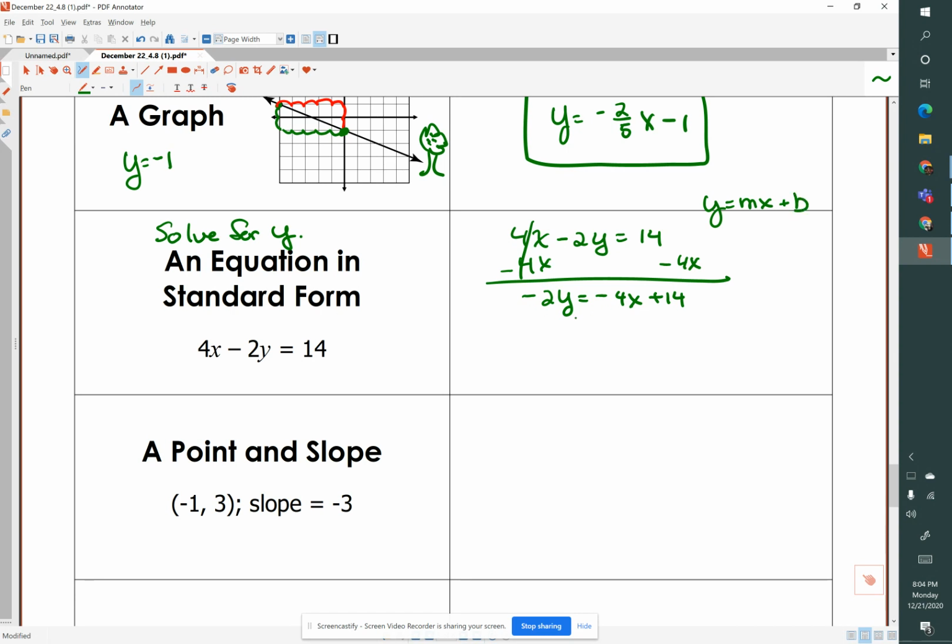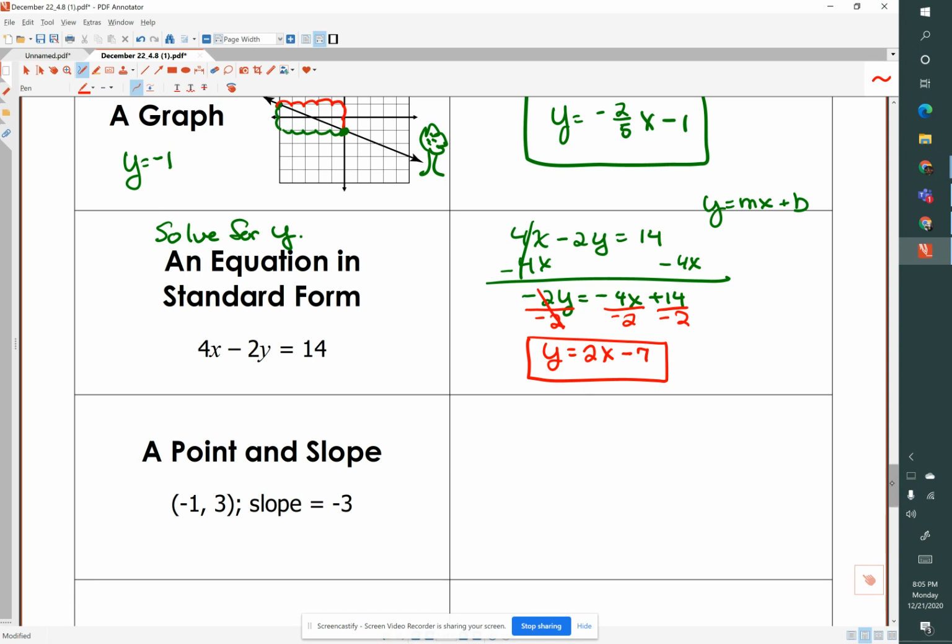Now I don't have y isolated yet because I need to divide by -2, and whatever I do to one part of the equation, I will do to all parts of the equation. So that leaves me with y equals -4 divided by -2 is 2x, positive 14 divided by -2 is -7, and there's my slope-intercept form.